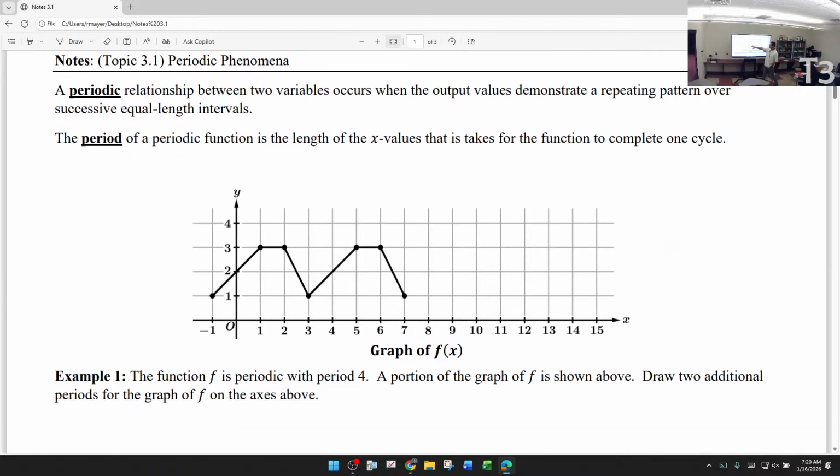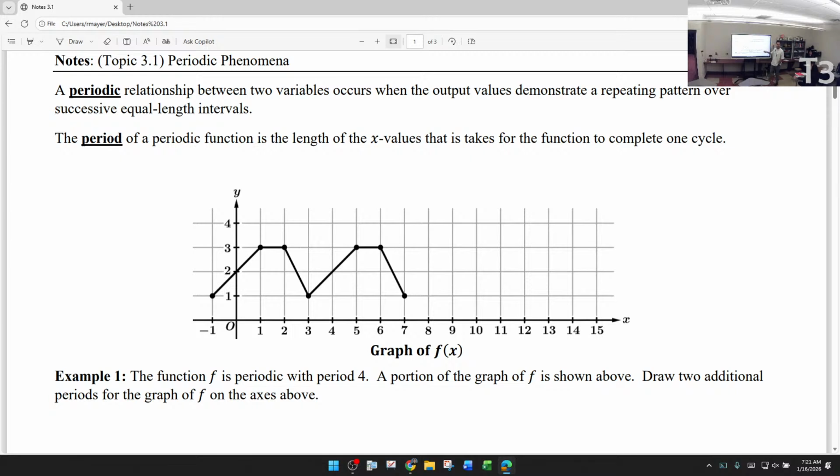All right. Periodic relationship. This is really what starts trigonometry, one of the things, okay? Periodic relationships between 2 variables occur when the output values demonstrate a repeating pattern over successive equal length intervals. So, boom, boom, boom, and it looks like it's starting right back over.